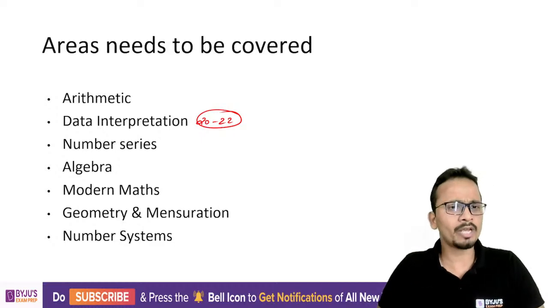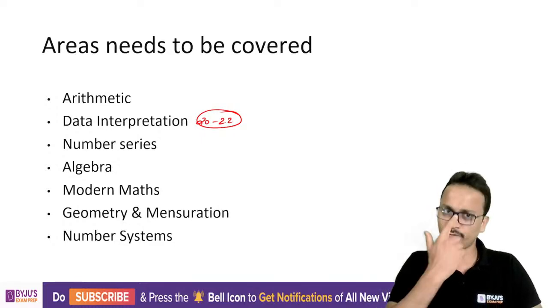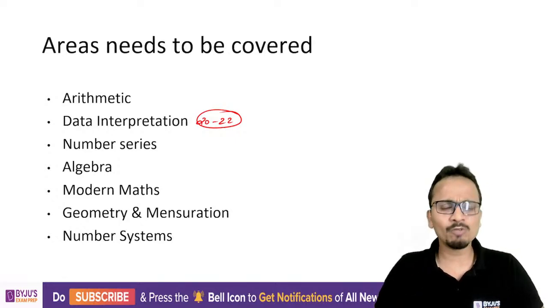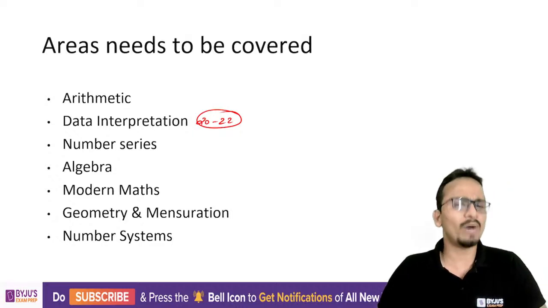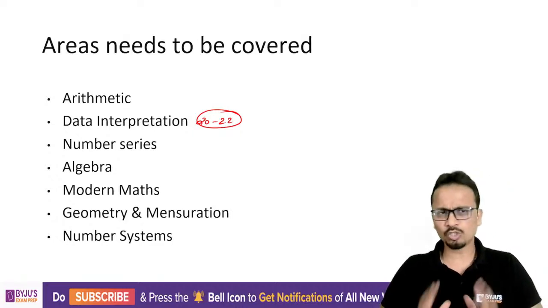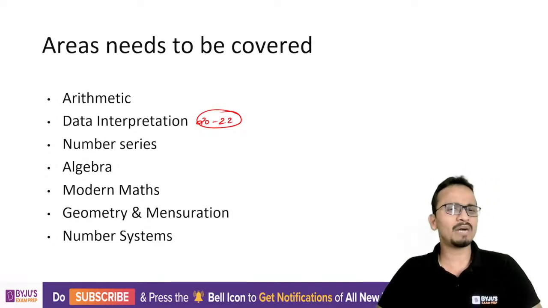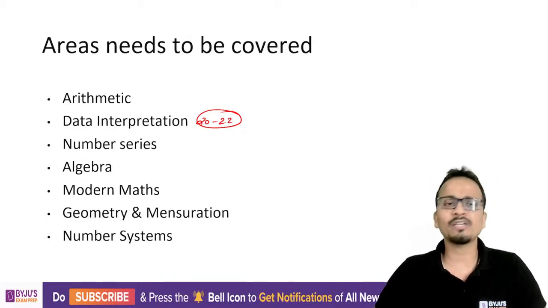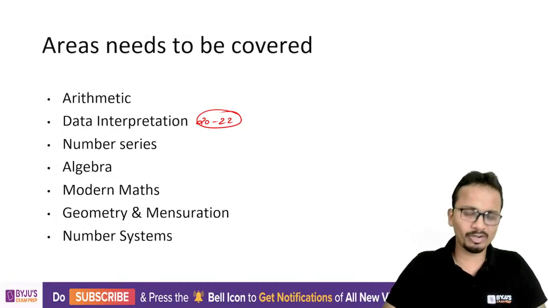But if you are talking about a safe score in order to get a call from JB, then I would say that it will range somewhere around 135 to 140 marks. If you are able to score 135 marks, then the chances of getting a call from JBIMS Mumbai will increase. All right, Gaurav.